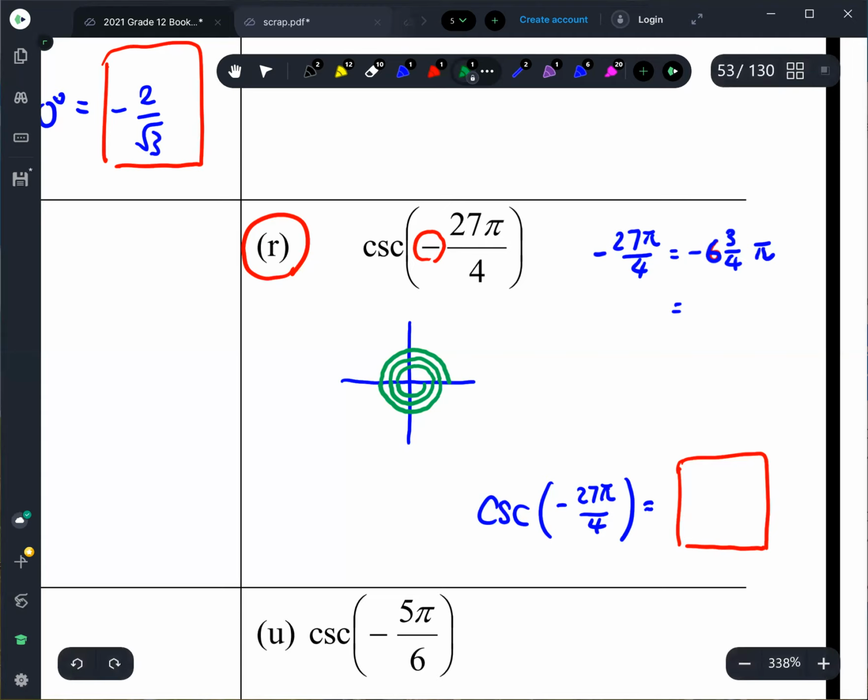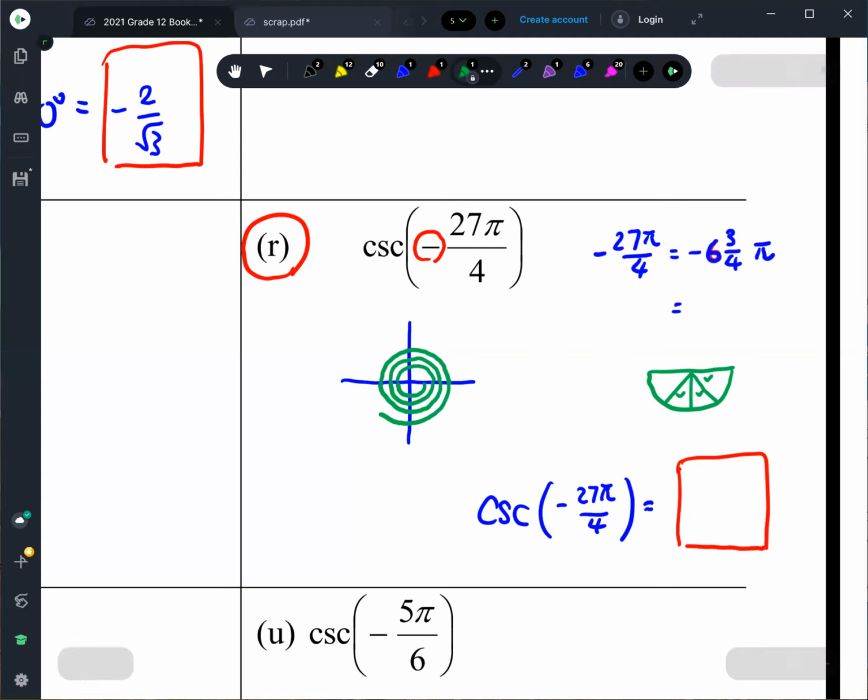Okay, you think about pizza. Right? We are going to the bottom. We want to do power 4, right? 3 power 4. There'll be 1, 2, 3. Okay. So we turn 3/4 of a pi. Okay, pi is half a circle. You want to turn 3/4 of it.